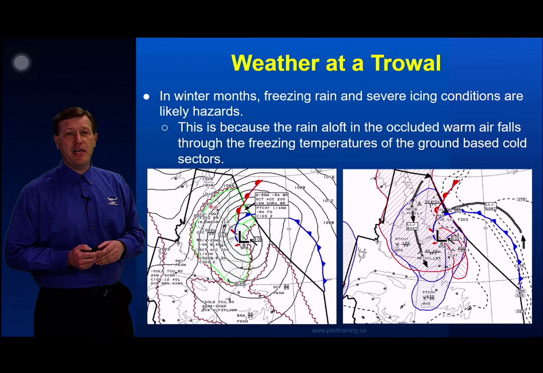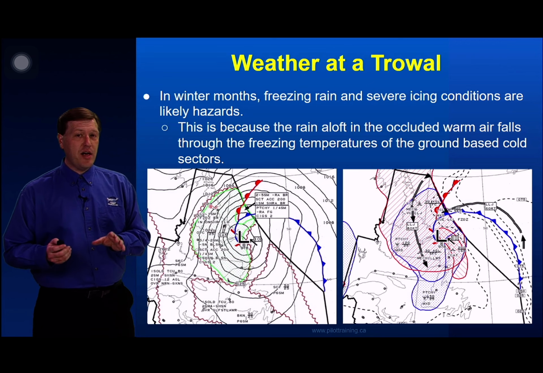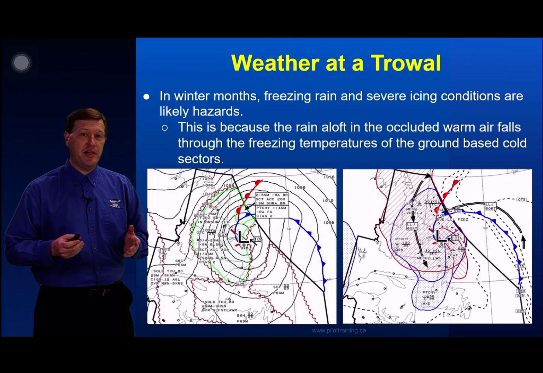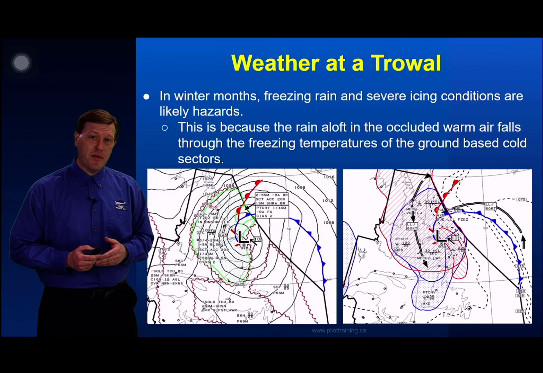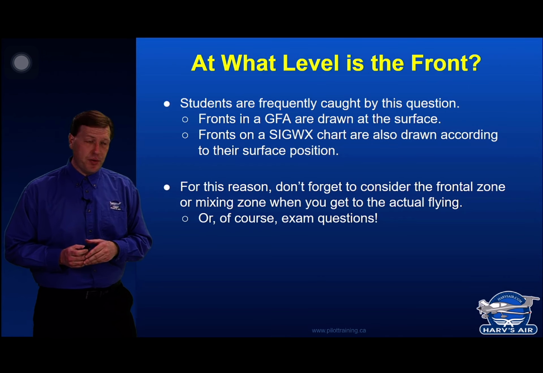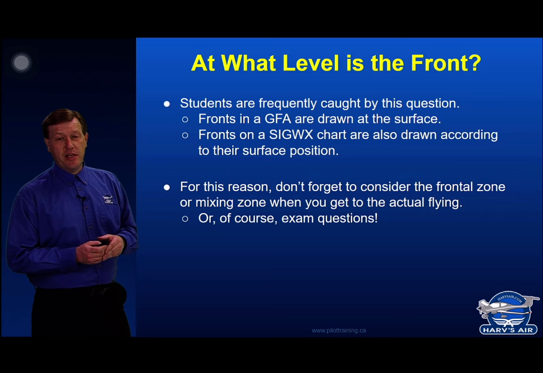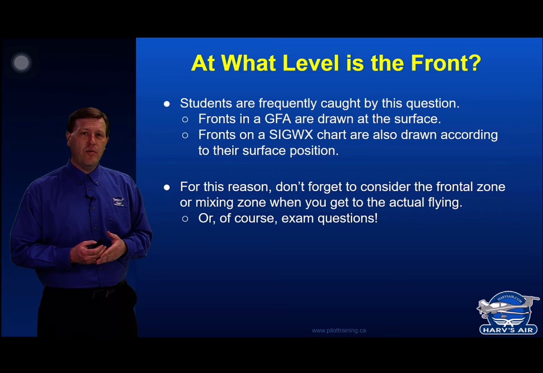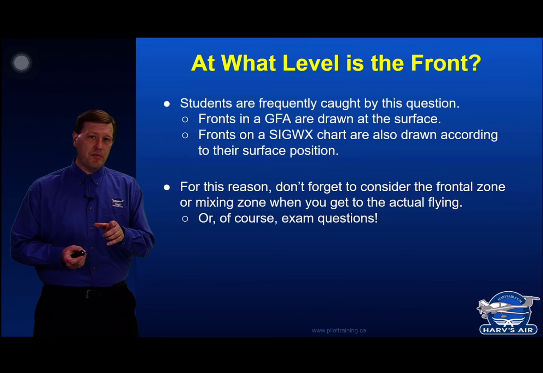Oh, wait a minute. I should mention, very important exam thing, and this is where hopefully everybody who's a PPL, rec pilot, and whatnot are all listening again. When it comes to questions related to at what level is the front, well, you're going to have to probably do some thinking.